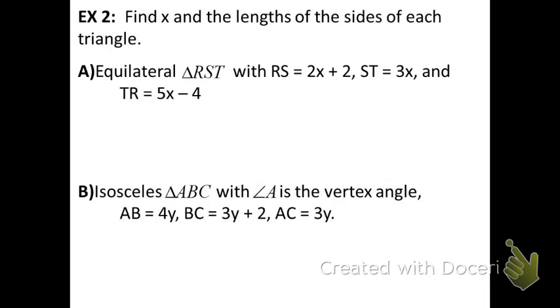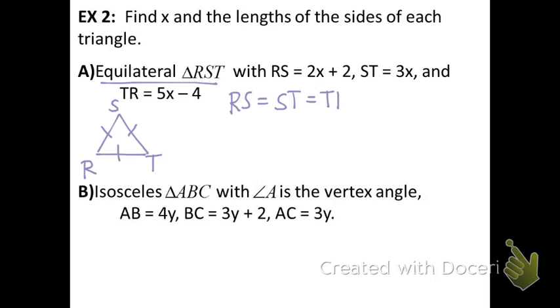On example 2, it says find x and the lengths of the sides of each triangle. So this tells us we have an equilateral triangle. If you want to draw it, you can. RST, this is equilateral, that means all the sides are the same. So if all the sides are the same, we know that the length of RS is equal to ST, which is also equal to TR.